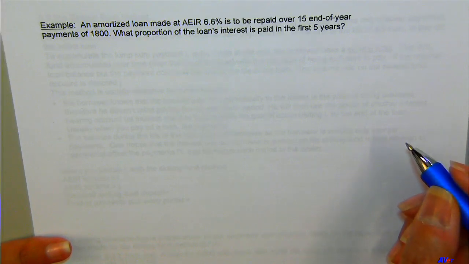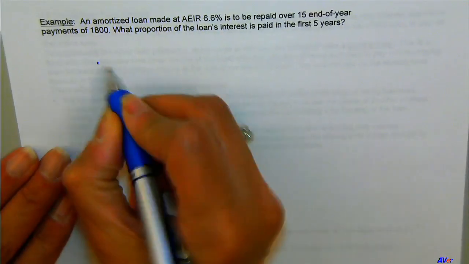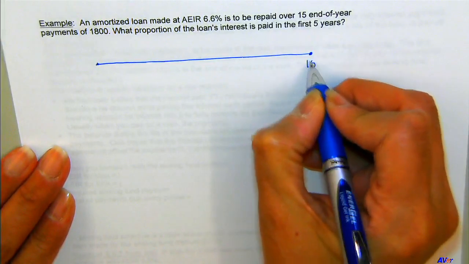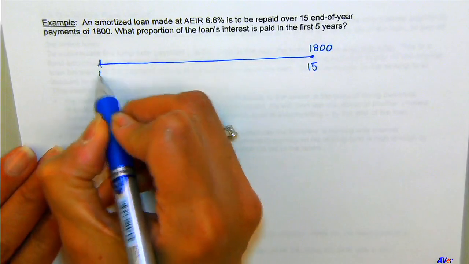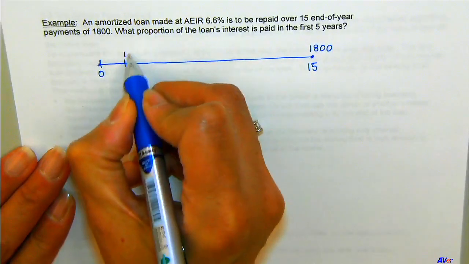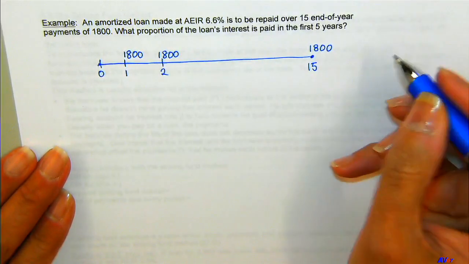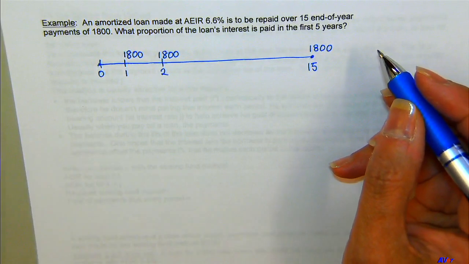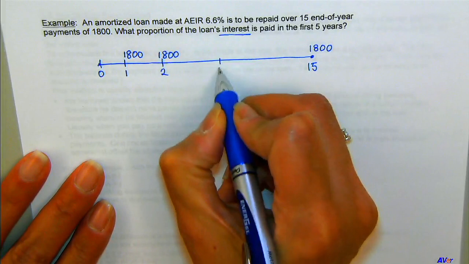What proportion of the loan's interest is paid in the first 5 years? So, timeline: 15 years, $1,800 each year. What proportion of the loan's interest is paid in the first 5 years?